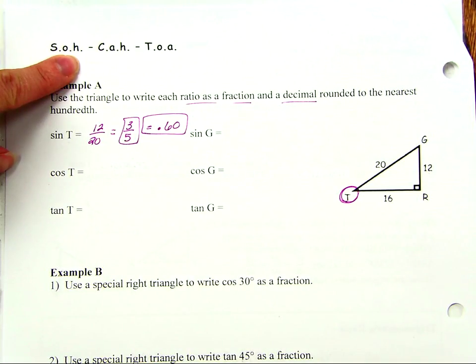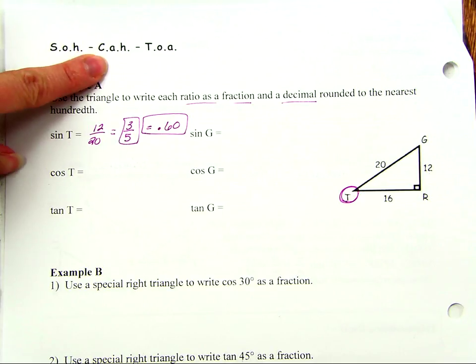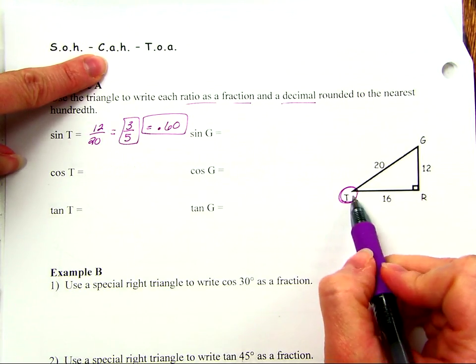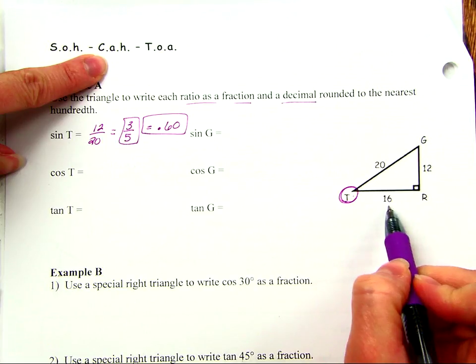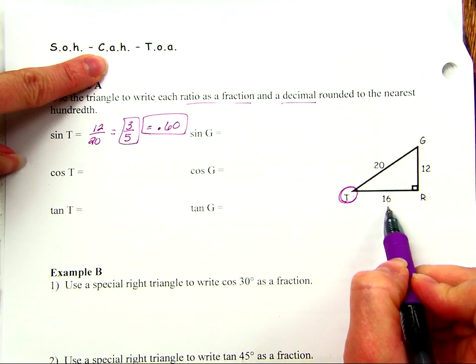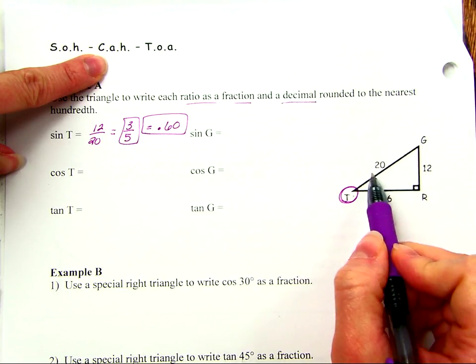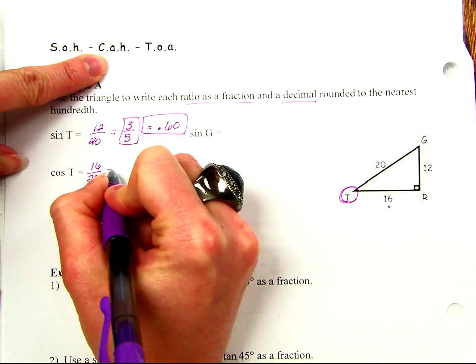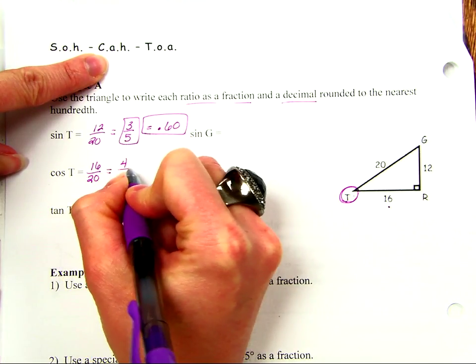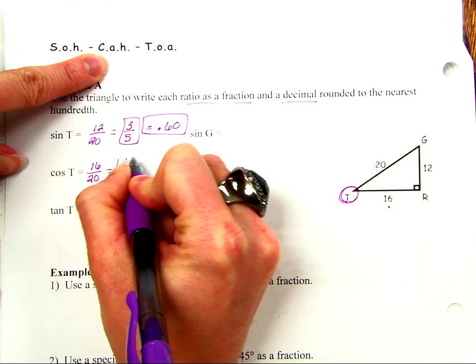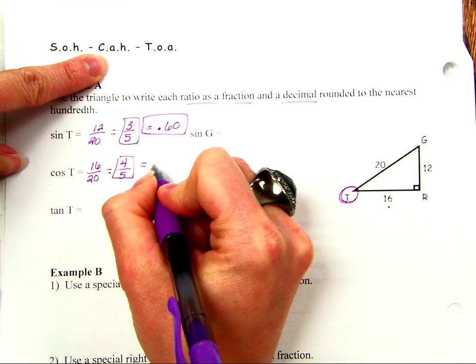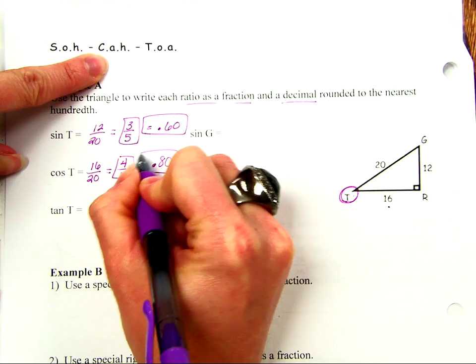The cosine of angle T: cosine is adjacent over hypotenuse. From angle T, the adjacent side is 16, and the hypotenuse is 20. So my ratio would be 16 to 20. We're going to reduce that to 4 to 5, and I know 4 out of 5 is 8 out of 10, or 0.8 as a decimal.